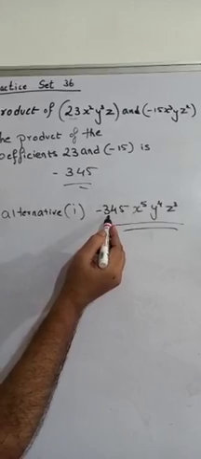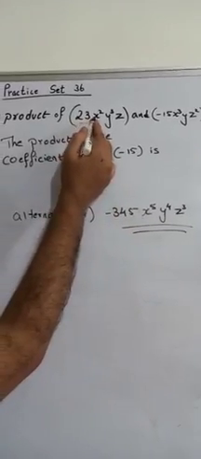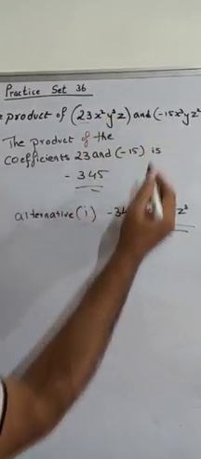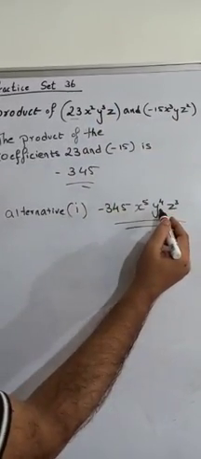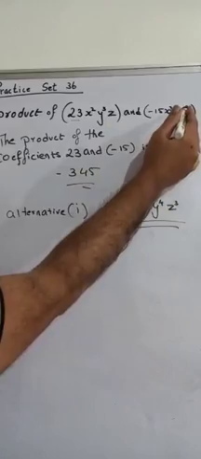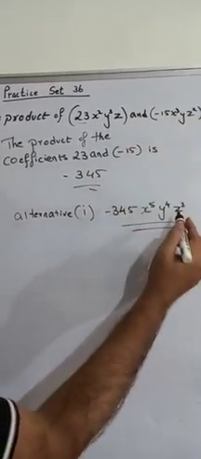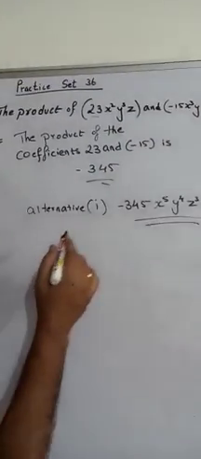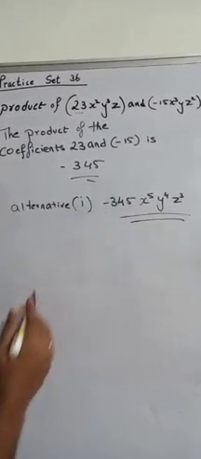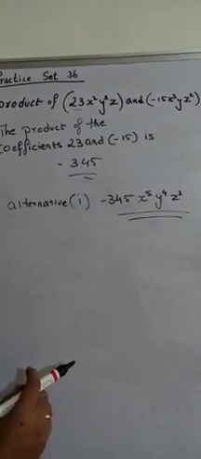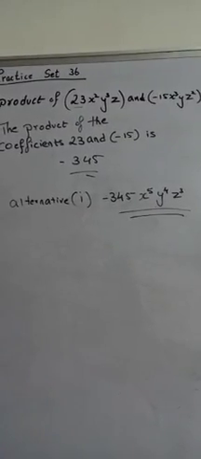We'll write down minus 345, and x2 and x3 together come up to x5, y3 and y comes to y4, z1 and z2 altogether z3. So your option is the first option: minus 345, x5, y raised to 4 and z cube.